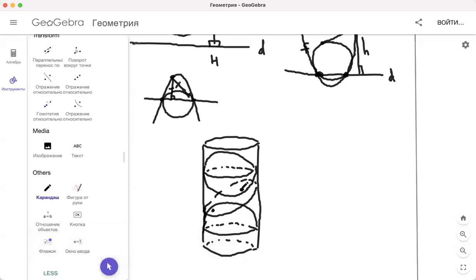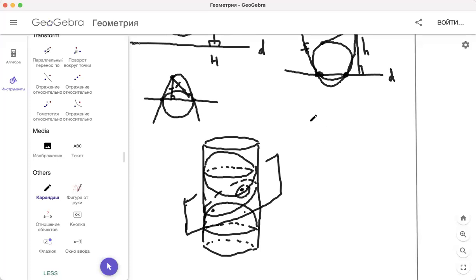What do we see at the second plane if we move the upper sphere down? The intersection of this sphere with this fixed plane will be a circle.